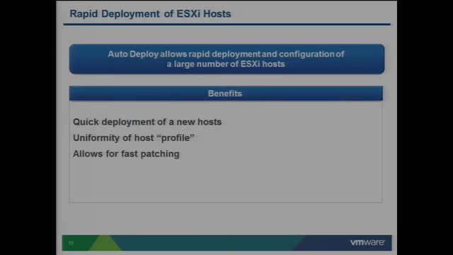So it is in this context that we introduced the auto-deploy feature. It allows you to rapidly deploy hosts, especially if all these hosts are supposed to look and feel the same and have the same configuration. It is very simple to deploy a very large number of hosts very quickly. You could reduce the time of deployment of 20 hosts from, say, 20 hours to literally 20 to 30 minutes.